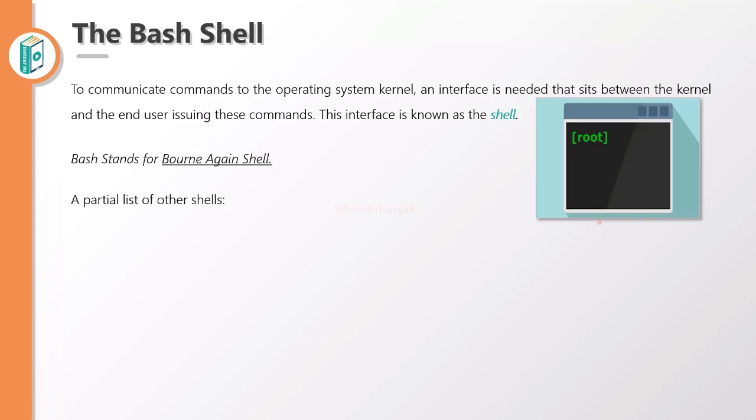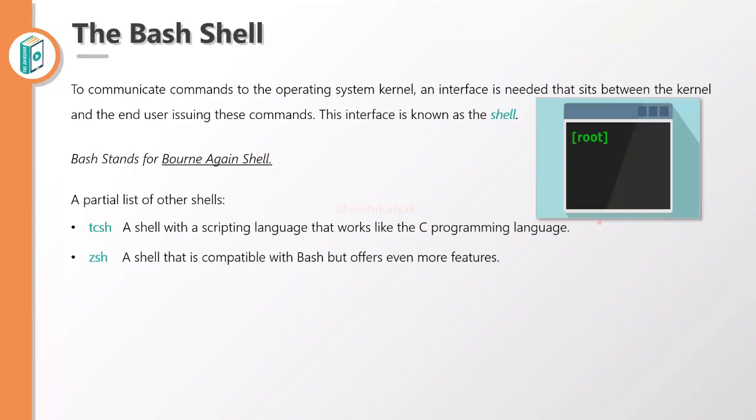There are various shells available, some of them are TCSH, a shell with a scripting language that works like the C programming language. जैसे हम लोग सी प्रोग्रामिंग लैंग्वेज में यूज़ करते हैं टर्बो सी का जो स्क्रिप्टिंग लिखते हैं उसके लिए जो अपने को टर्मिनल मिलता है, दिस इज़ सेम एज दैट टर्मिनल बट दिस इज़ फॉर शेल स्क्रिप्टिंग लैंग्वेज. नेक्स्ट इज ZSH, that is a shell that is compatible with bash but offers even more features.